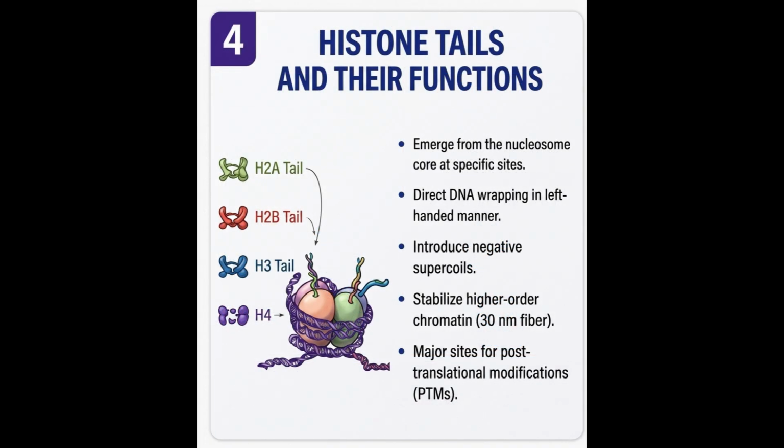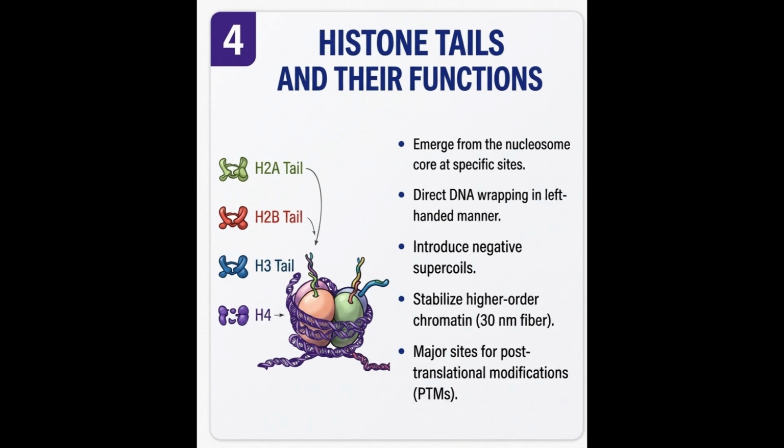Histone tails and their functions. Histone proteins possess flexible N-terminal tails that protrude outward from the nucleosome core. These tails are extremely important because they regulate chromatin organization and gene activity. Histone tails help stabilize interactions between neighboring nucleosomes and promote higher-order chromatin folding.